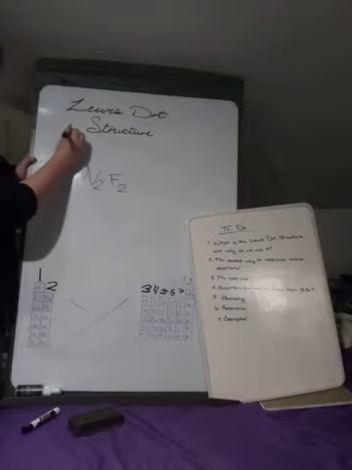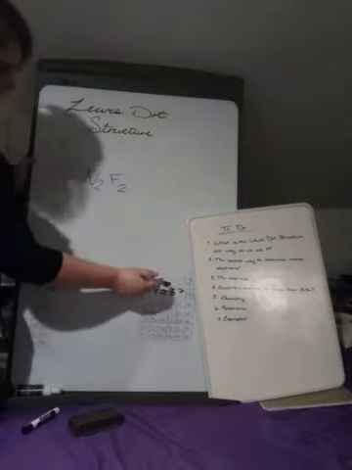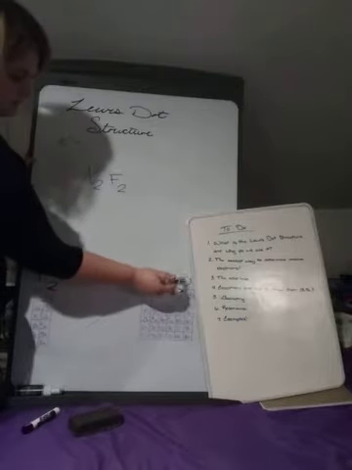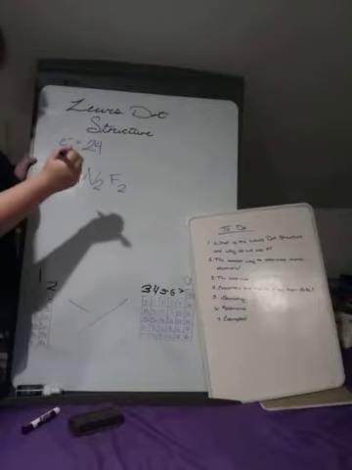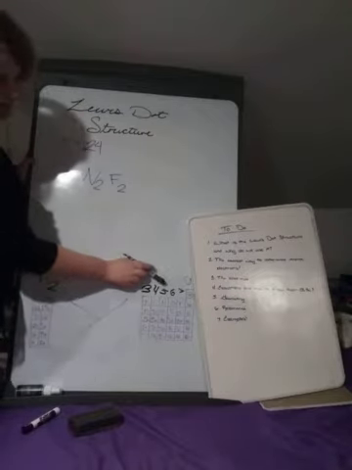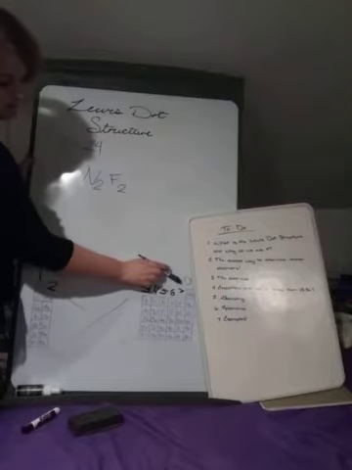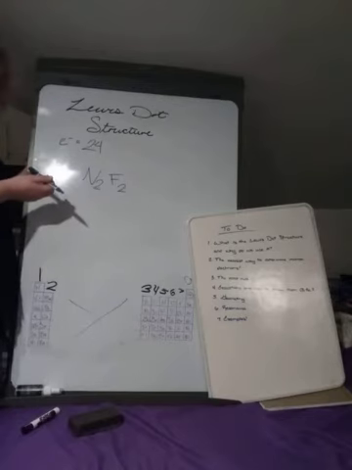If you said it was 24, that's what I got. You could tell because you would go 5 plus 5 plus 7 plus 7. So that's 14 plus 10 equals 24.